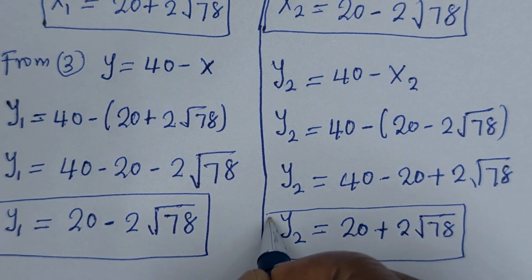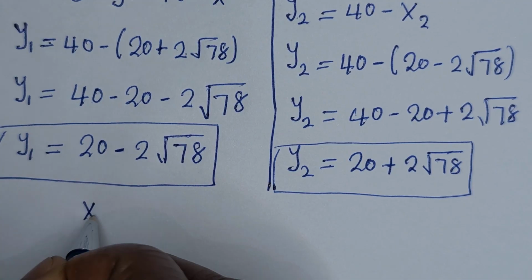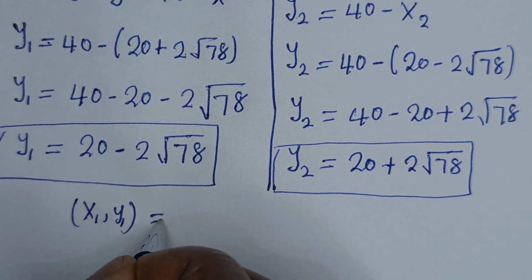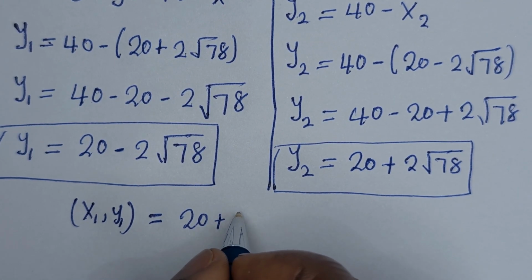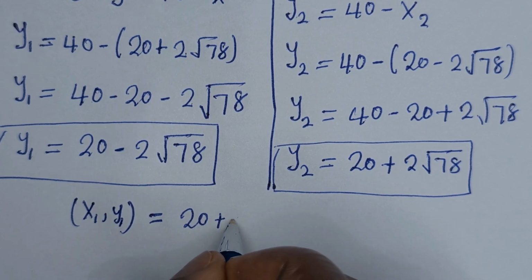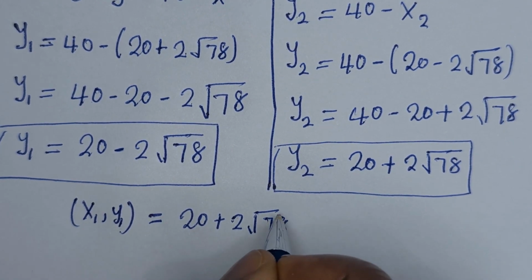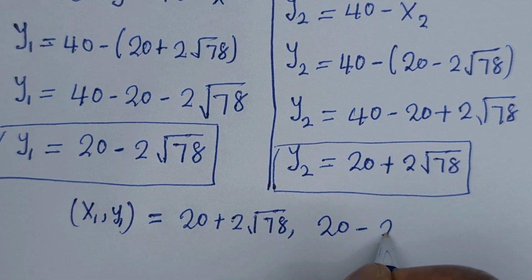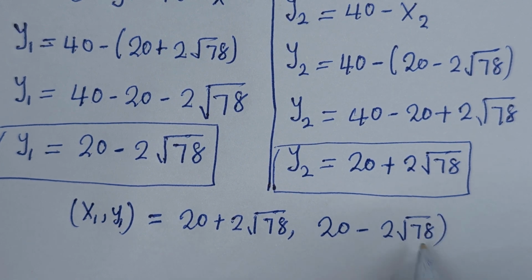Therefore, our final answers are x1, y1 is equal to 20 plus 2 root 78, 20 minus 2 root 78.